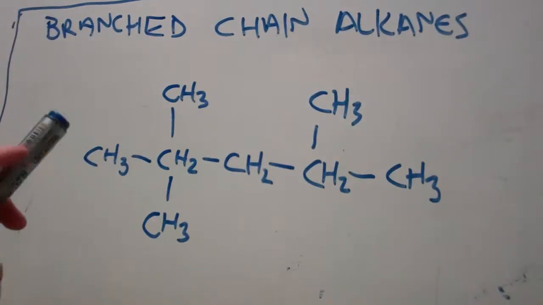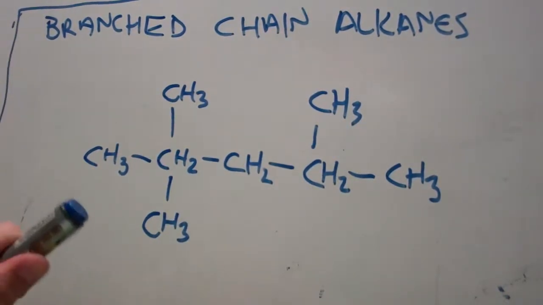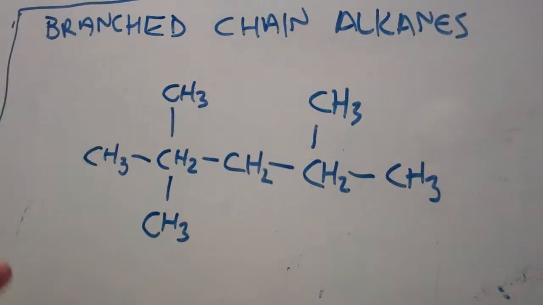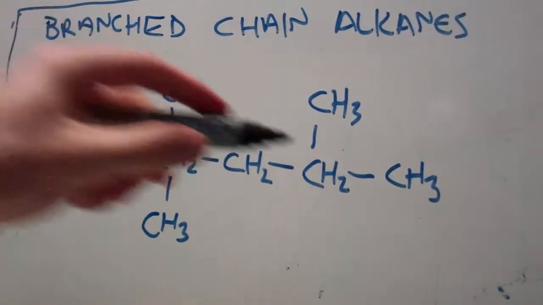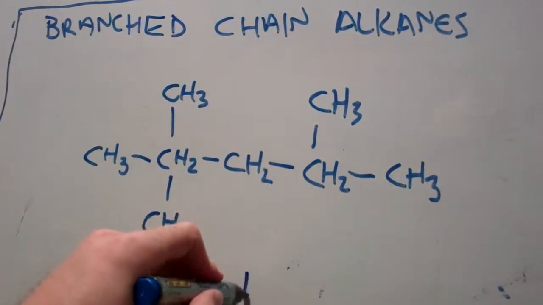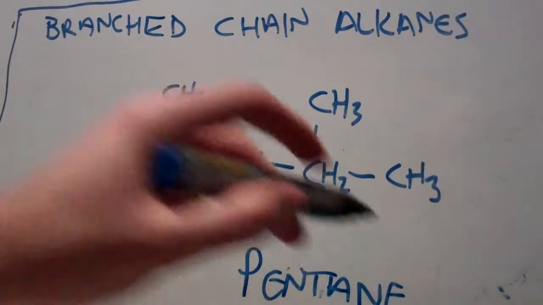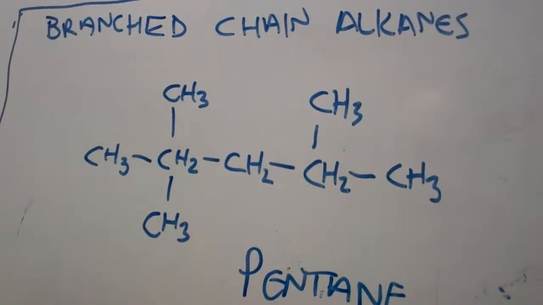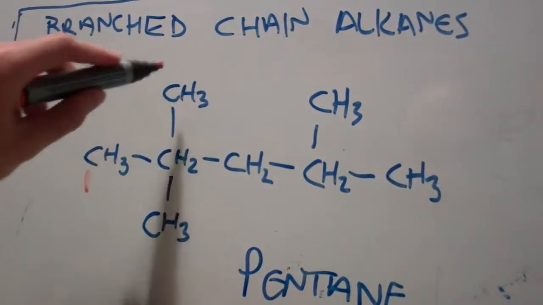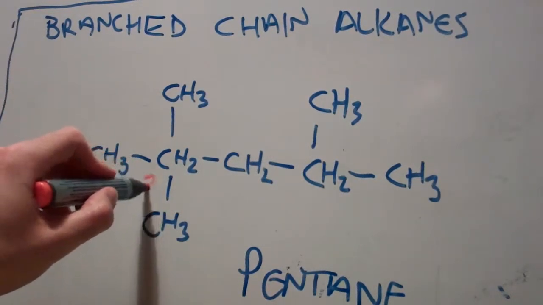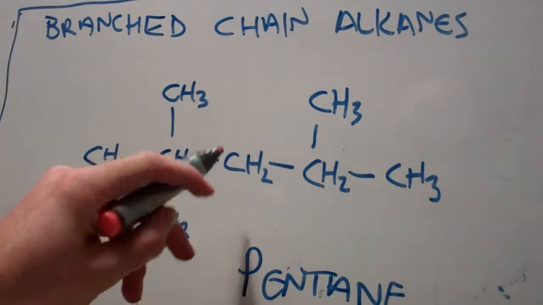We're going to roll with the straight chain through the middle here. We've got 5 carbons, so this is a pentane molecule of some sort. We're going to label it from this side because we have 2 branches closest to this end.